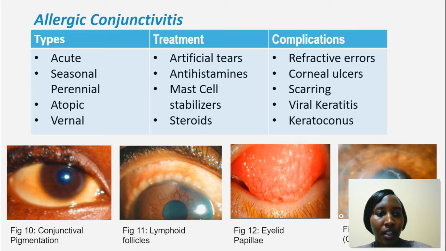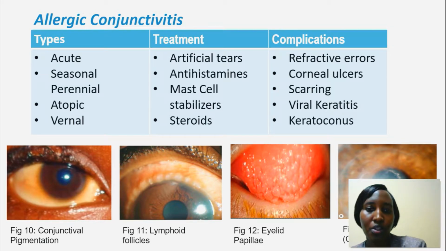Sometimes you have swellings around the junction of the cornea and the sclera, which are as a result of lymphoid follicles. And on eversion of the eyelid, you can have these bumps that are called papillae, as shown in figure 12. And in persistent cases where the allergy is not treated, you have the papillae eroding on the cornea, resulting in a corneal ulcer, which is called a shield ulcer.